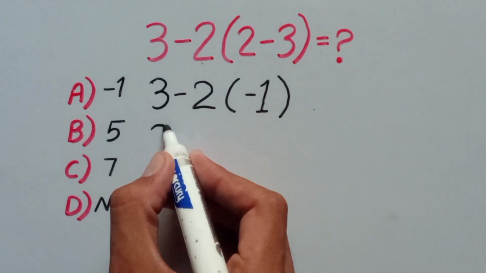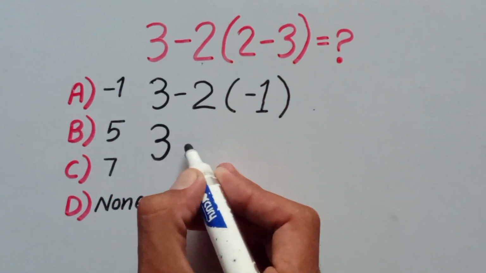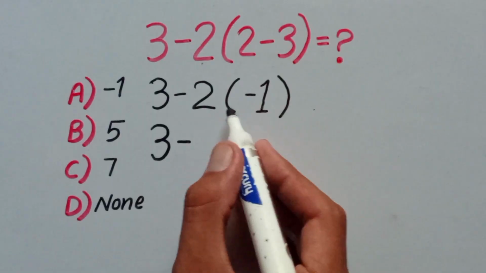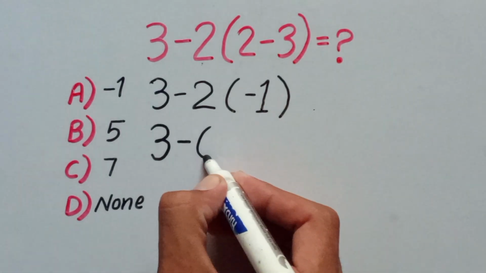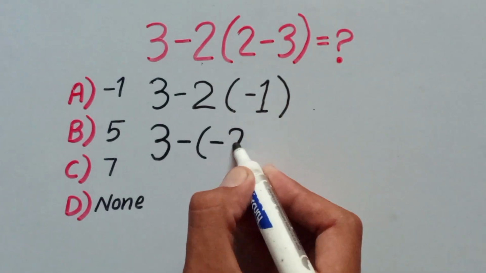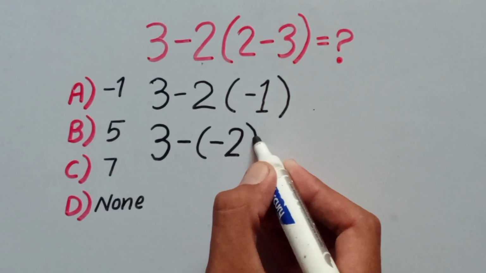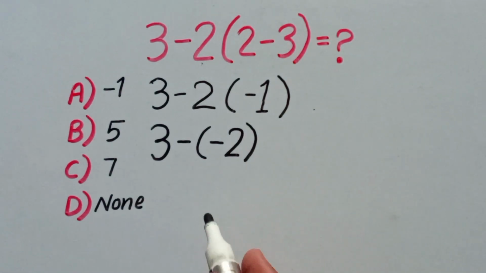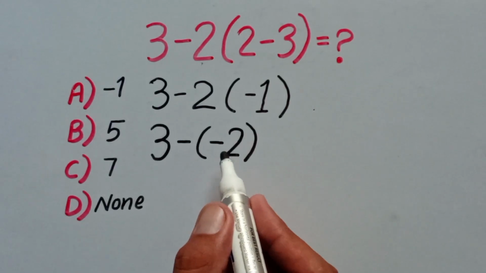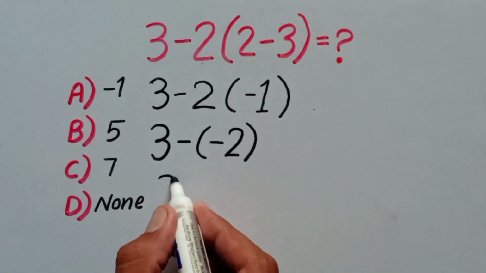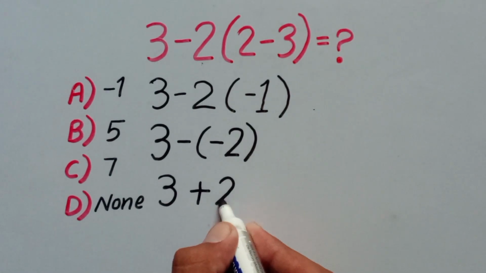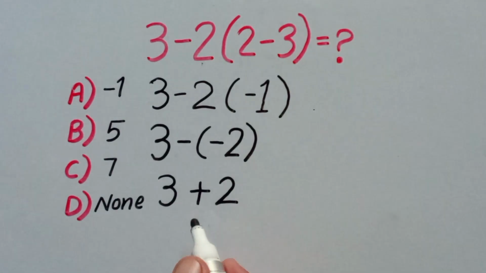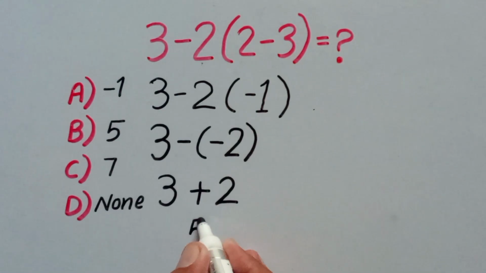So I write here 3 as it is, minus 2 times minus 1, which equals minus 2. Now in the next step, minus multiplied by minus equals plus, and 2 I write as it is. Now 3 plus 2 equals 5.